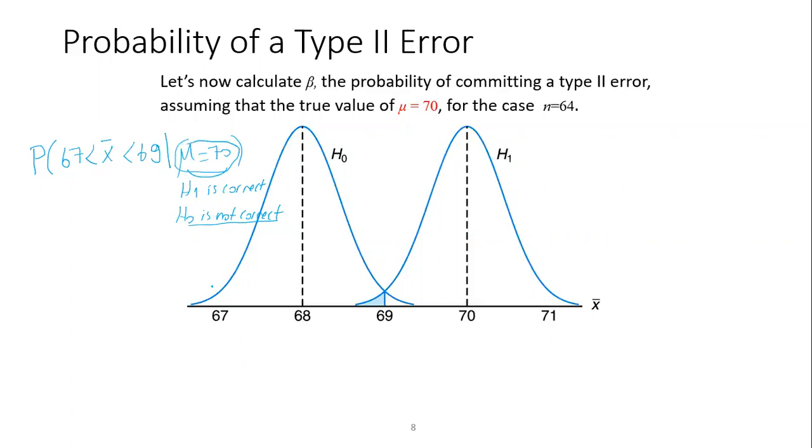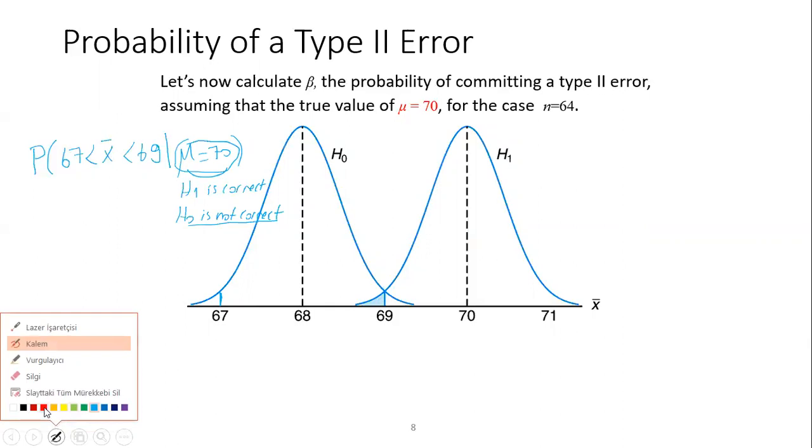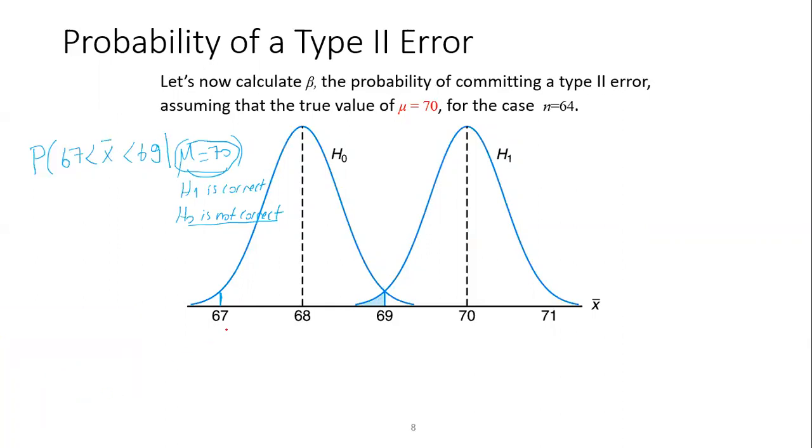So what is the probability? Which probability do we need? We need to find the probability of x bar being between 67 and 69. So let's say this is 67 and this is 69. So let me just change the color. So the probability that x bar is between 67 and 69. But it says that mu is equal to 70.